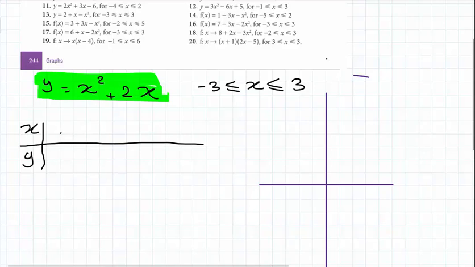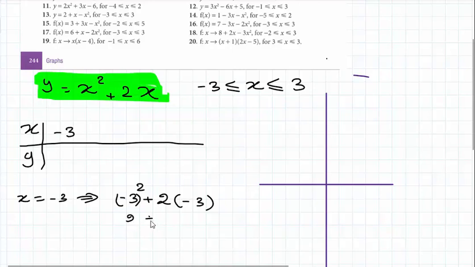Now if we pick -3, because it's in the domain, when x is equal to -3, we will have -3 to the power of 2 plus 2 times -3. -3 squared will be 9, plus 2 times -3, which is -6. So 9 minus 6 is equal to 3.